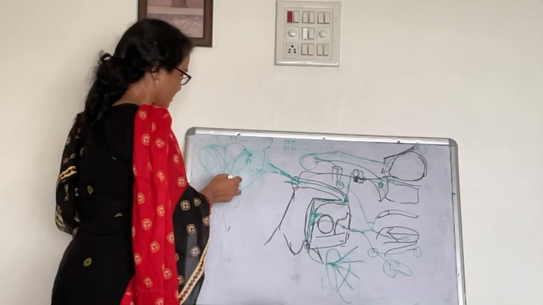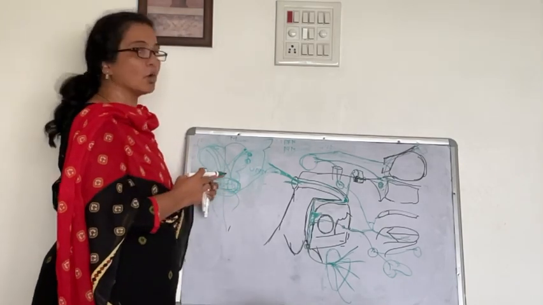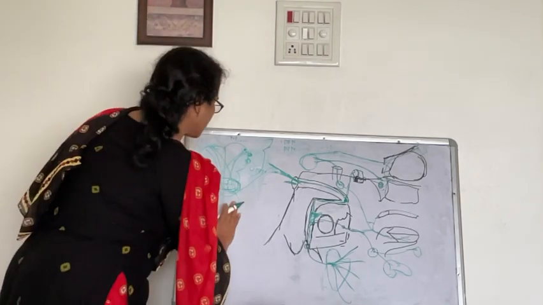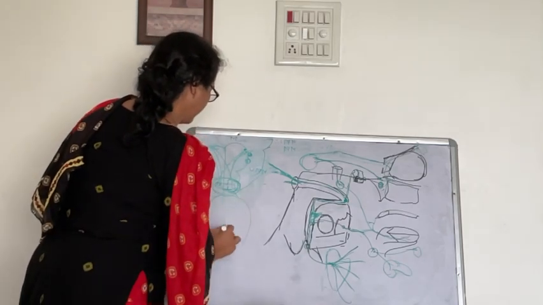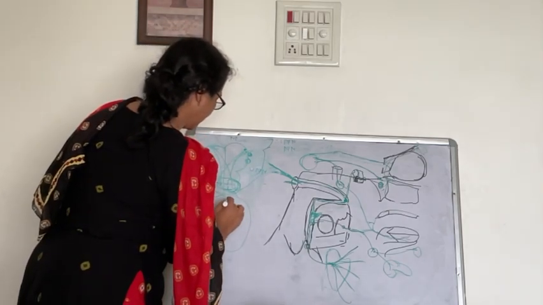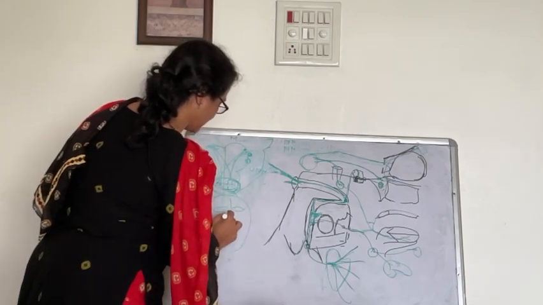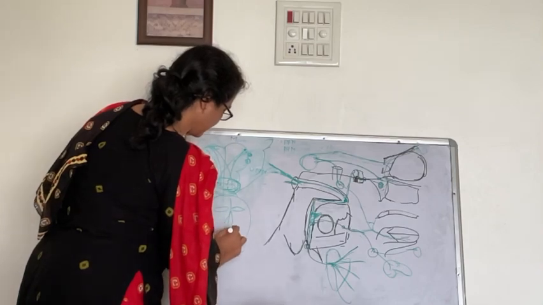So if a lesion occurs at the level of any of these nuclei, it will cause a lower motor neuron type of paralysis. This will control the face. Suppose this is the face and this is the midline, here you can see two eyes, this is the nose, and this is the mouth.